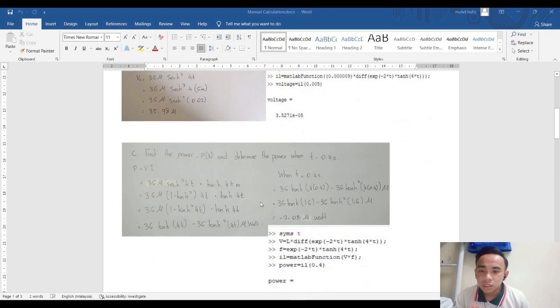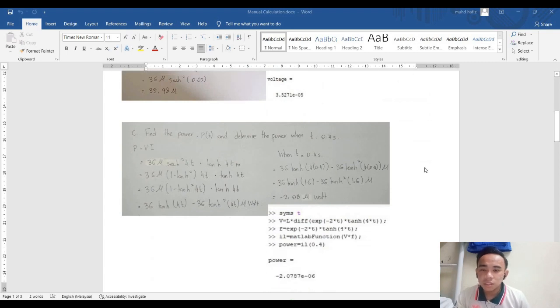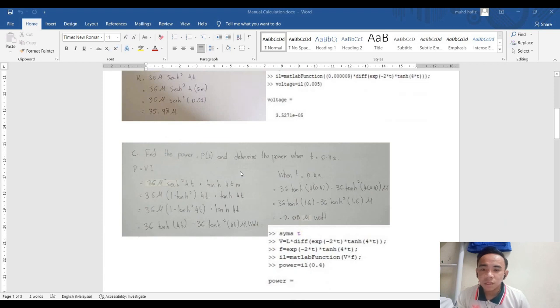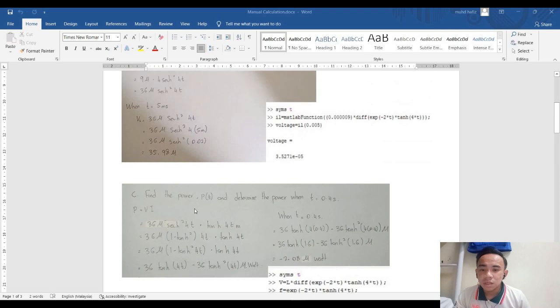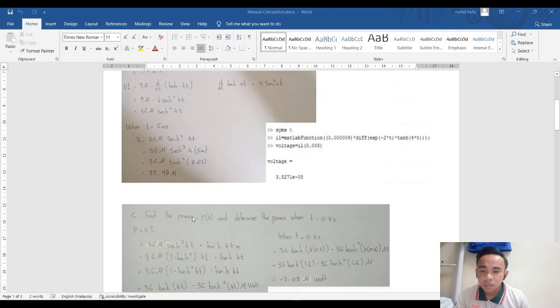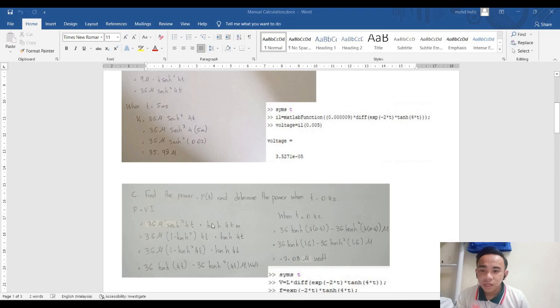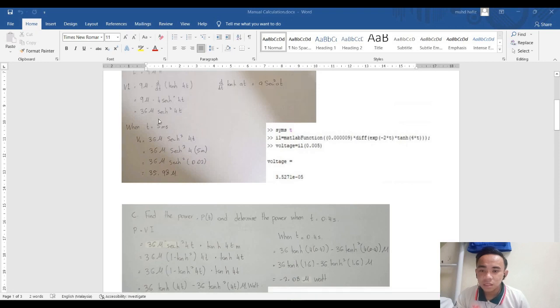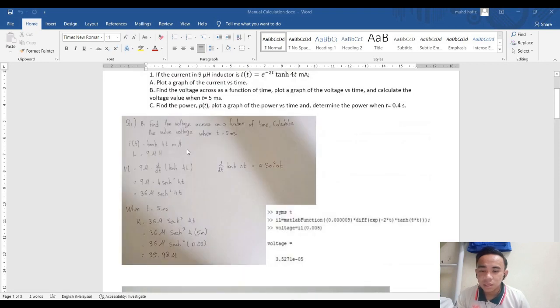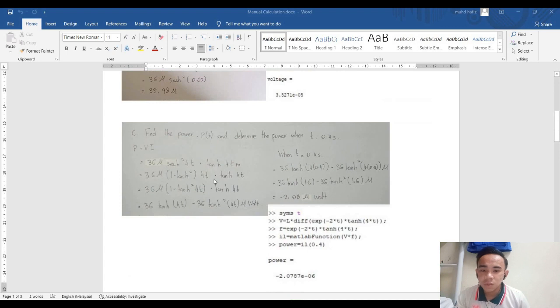Okay, so next we go to question 1c. Find the power and determine the power when t equals 0.4 seconds. So we use the formula P = VI, and we get V and I from here, and we just multiply them and we get this.